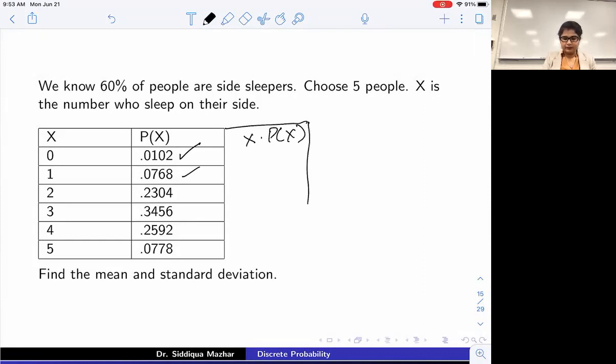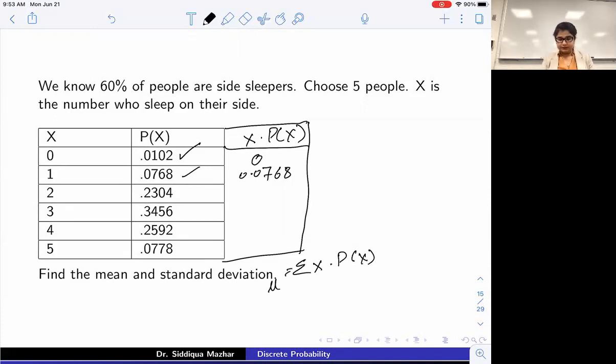You have to make a column and find it for each of the values. The first one will be 0, because 0 times whatever the value is gives 0. For the second, it is 0.0768, because 1 times 0.0768. The rest of the values you can count by yourself. In the end, you take the sum of all of these values, which gives you the mean of this probability distribution.